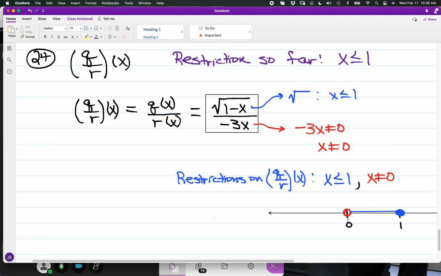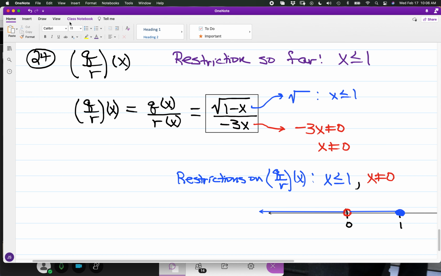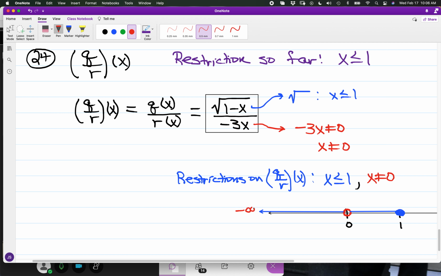But since 0 is excluded, I have to bypass 0 as I continue to go out to the left. So, just resuming activity with the ray going to the left, this time we have the lower limit tending to negative infinity.